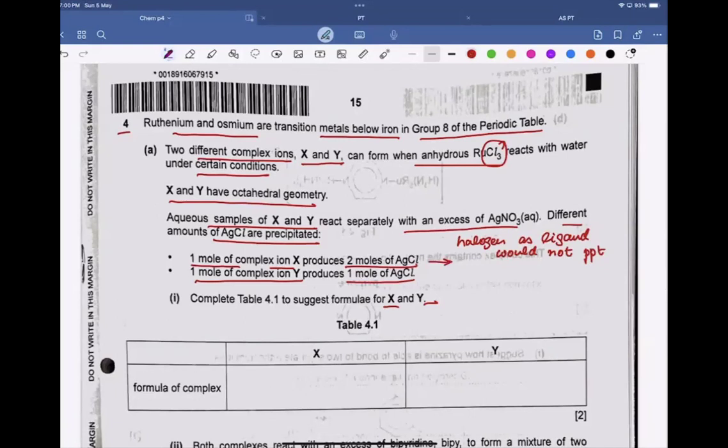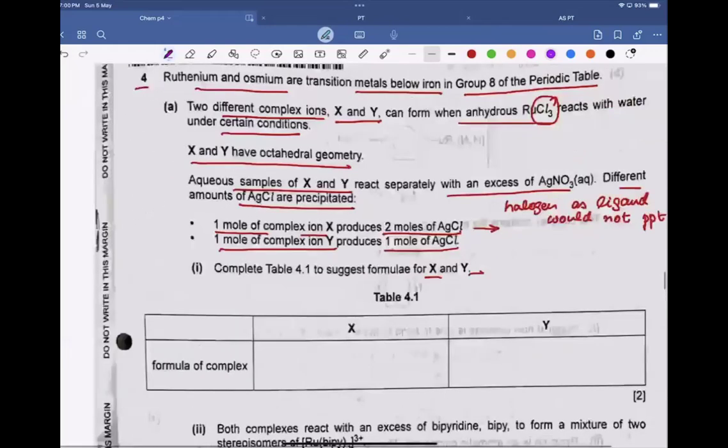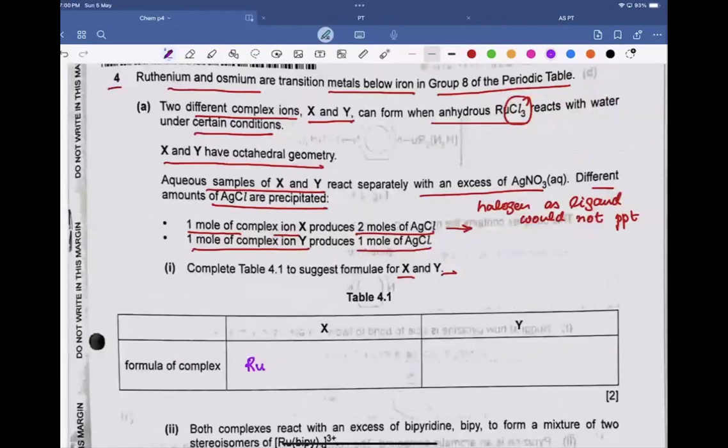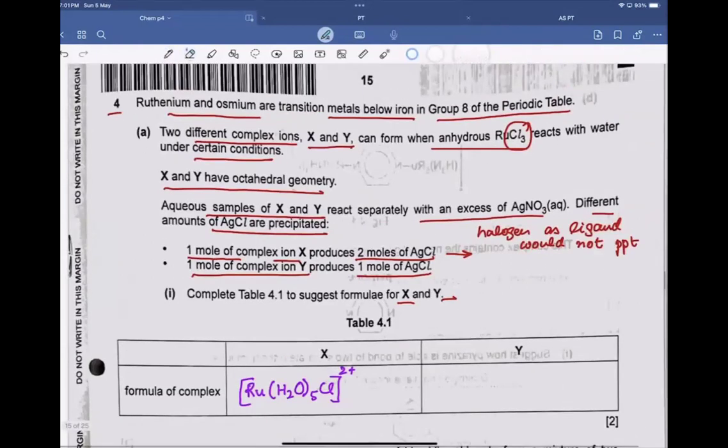So it means that when the complex forms, in that complex there are going to be 5 water molecules as ligands and 1 chloride as a ligand. As a result, we will get a 2 positive ion, because the chloride is -1 and the net charge of the compound is 0, which makes ruthenium +3.